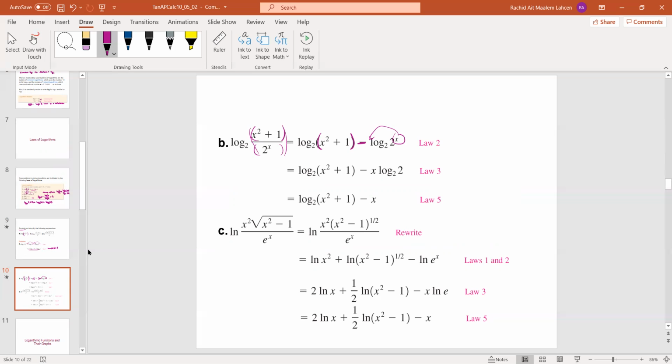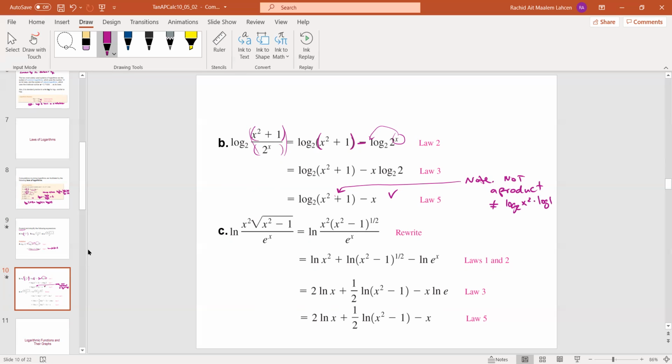And that's it. So put a note not to confuse this. This is not a product. So don't do log of 2 x squared times log of 1. No, not a product. So you can't expand that.